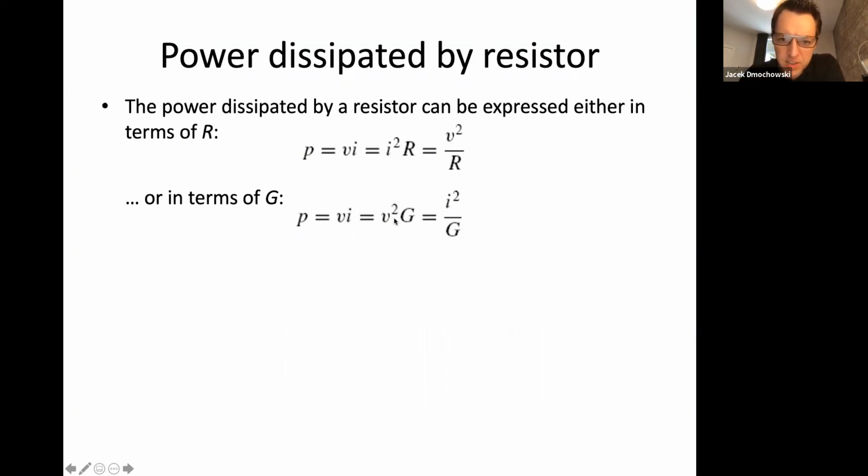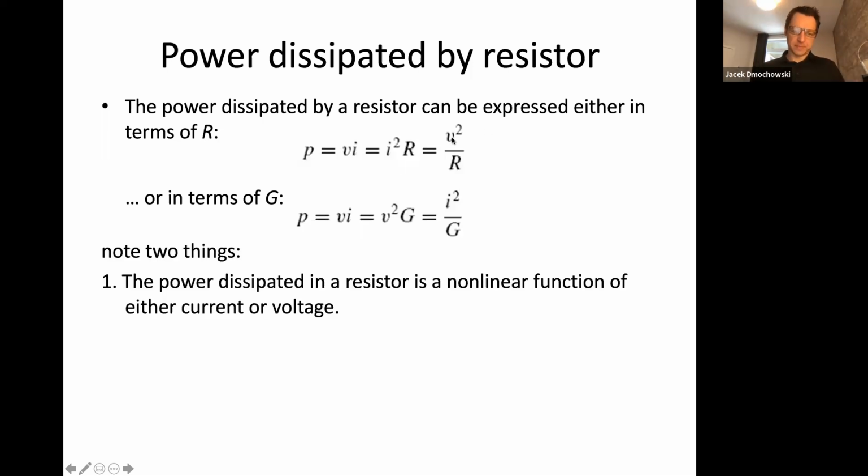In terms of conductance, the power dissipated by a resistor can be written as V squared times G or I squared over G. These are very straightforward to derive. One thing to note is that power is a nonlinear quantity of current and voltage, so you cannot use linearity or superposition. We'll get to that later in the course. Just remember the power is a quadratic in both the current and the voltage.